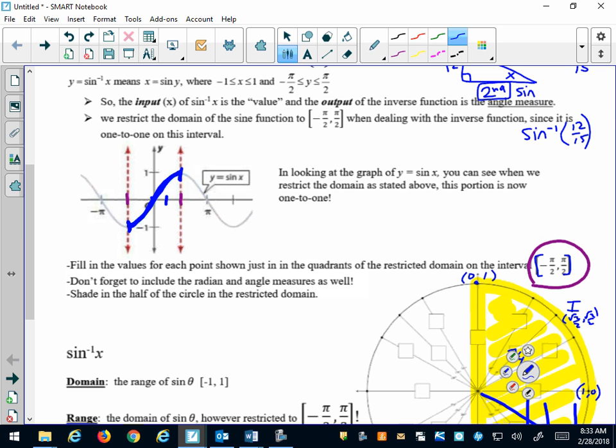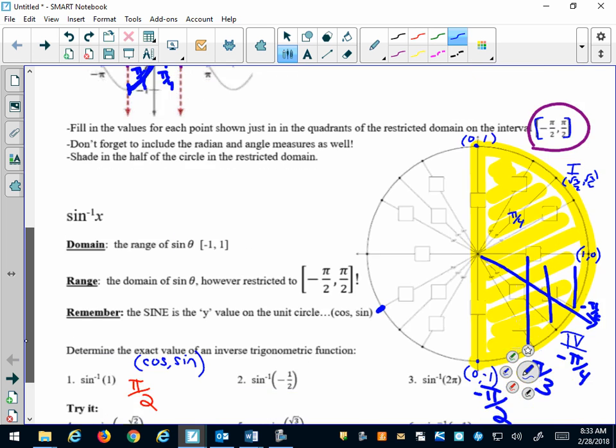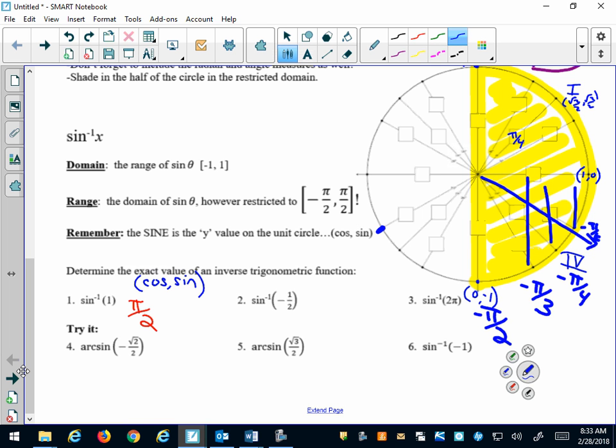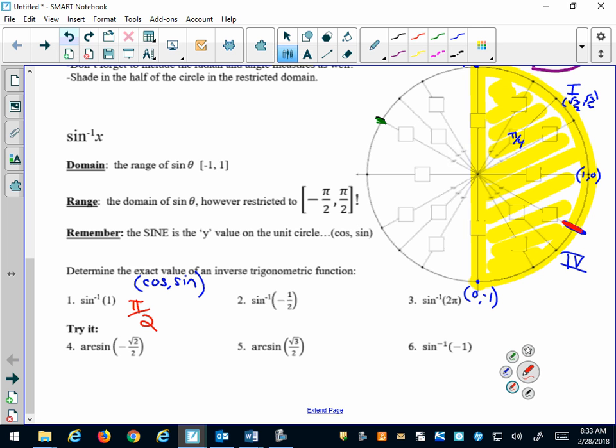So these values are pi over 4, negative pi over 4, etc. On the unit circle, we want to think of this as from 0 to negative pi over 2 in this direction, and then 0 to pi over 2 in that direction. So the inverse sine of negative a half is right here. That's negative pi over 6.